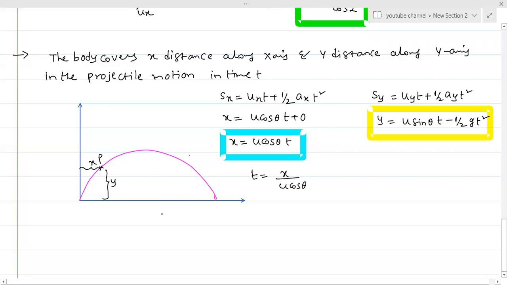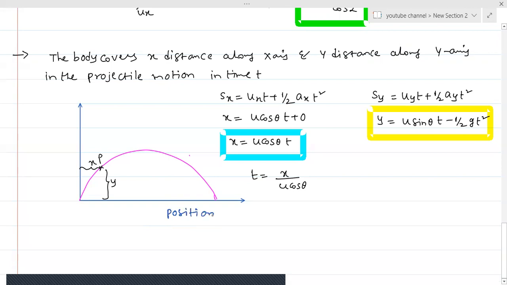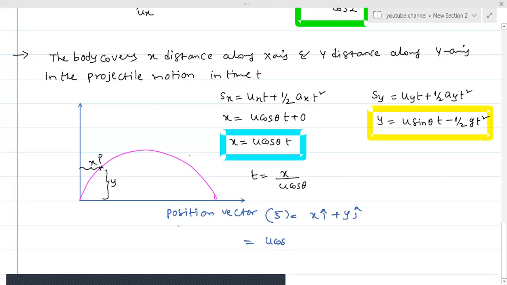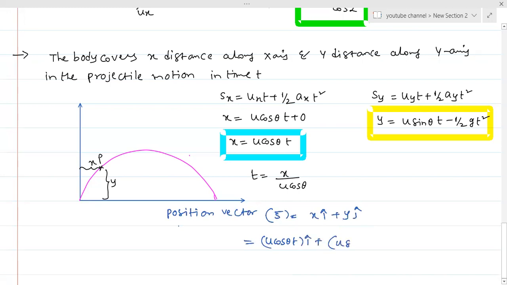Suppose you need the displacement vector or the position vector. Simply we will write s bar equivalent to x i cap plus y j cap. That is equivalent to u cos theta into t i cap plus u sin theta t minus half g t square j cap. So this will be the s bar.